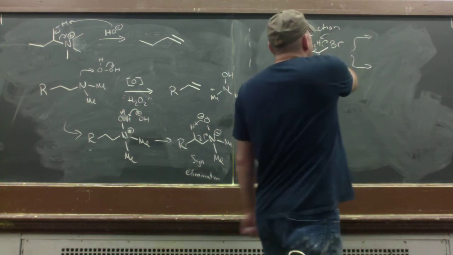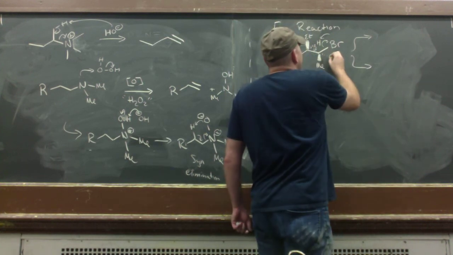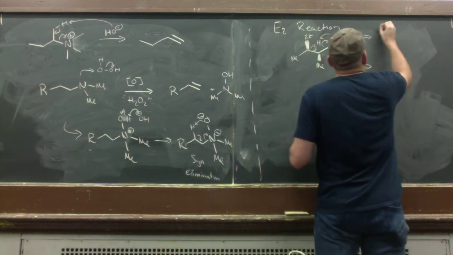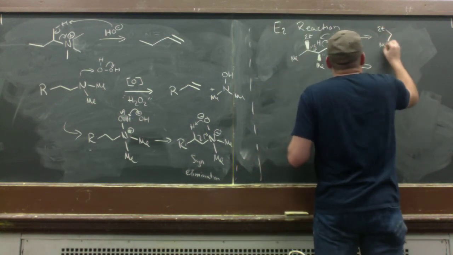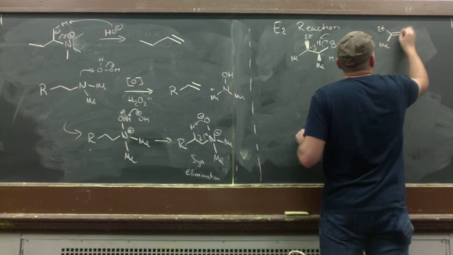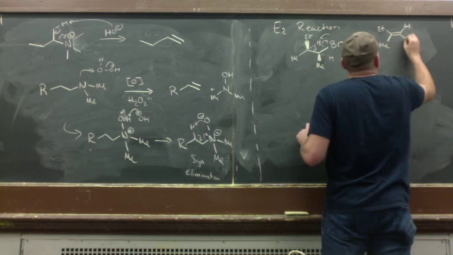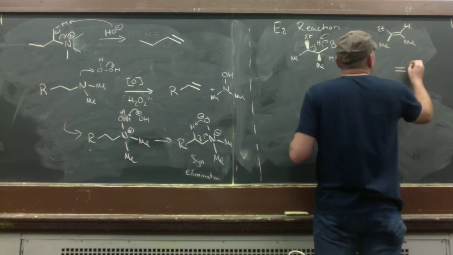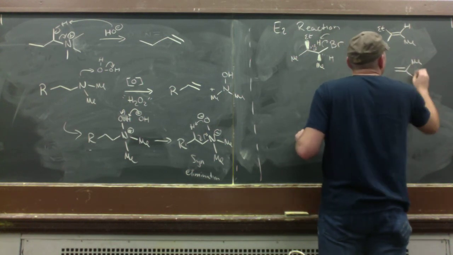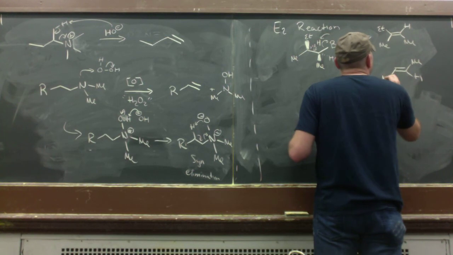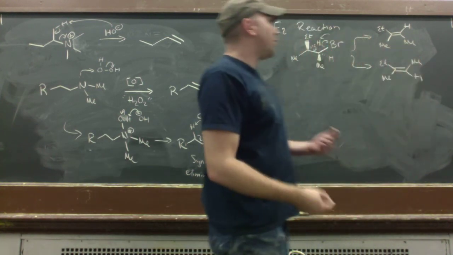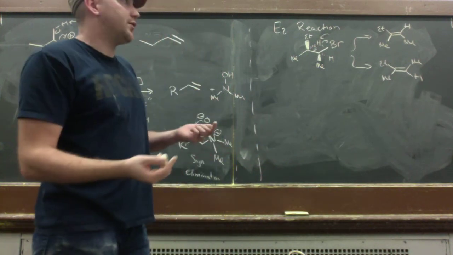We generate an alkene, we've still got our proton over here, and we get either this compound here, or the reverse, this compound here. Effectively, either the methyls can be on the same side or on opposite sides from one another.